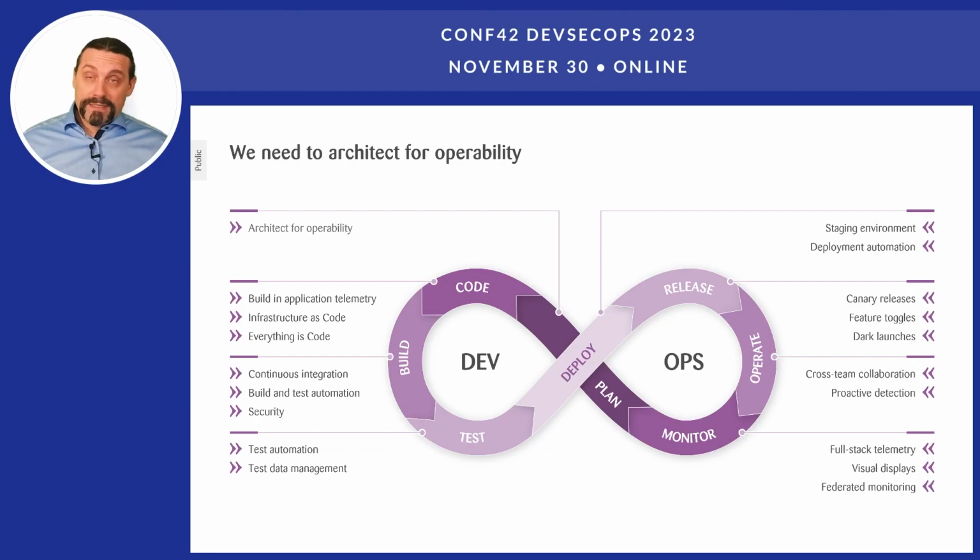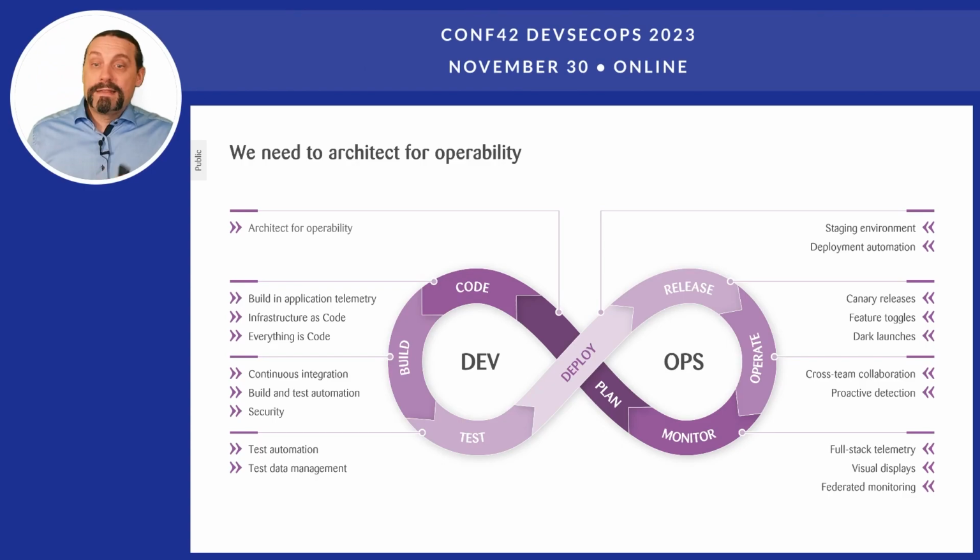So we need to architect for operability. This leads us to this infinity symbol, where you can see that when we are planning, we already need to architect for operability. Whenever we are architecting a system or a subsystem or a microservice, we need to think about how it is going to be operated in production, and based on that, we define the architecture.